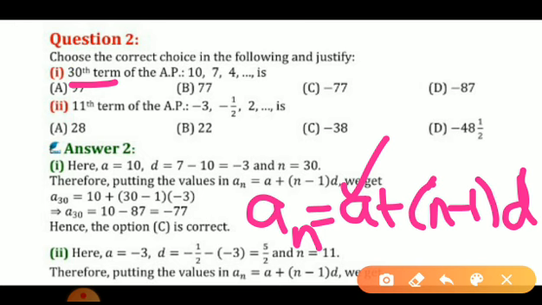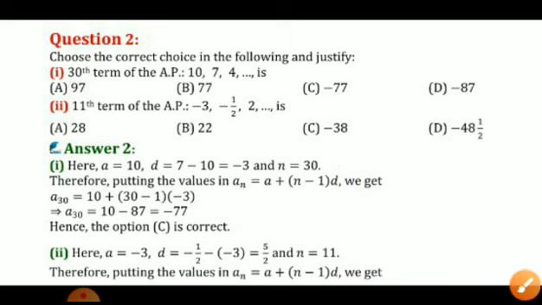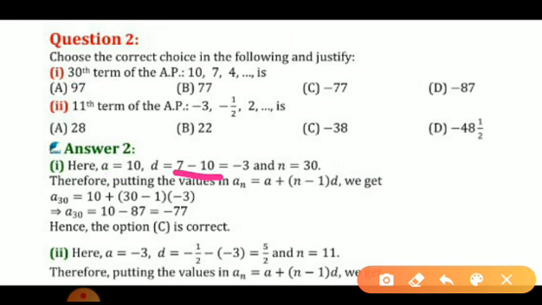Clear? Now the first term a will be equal to 10 itself. Now what is the value of the common difference? I have to check the difference of consecutive terms, so the second term minus the first term. That means it is 7 minus 10, which is equal to minus 3.